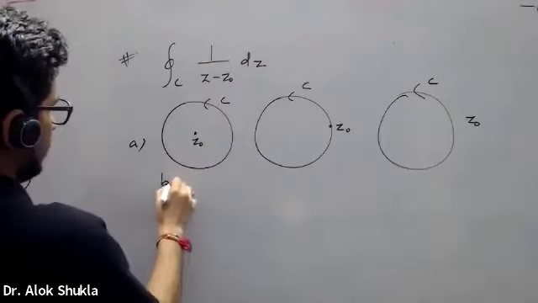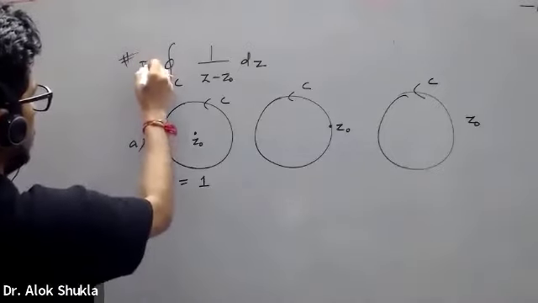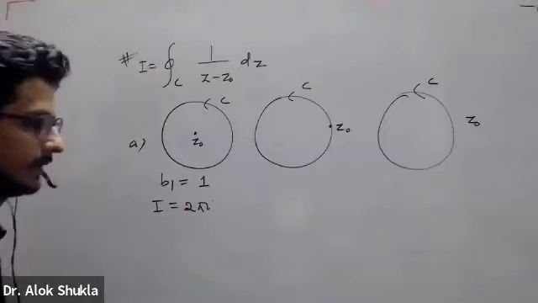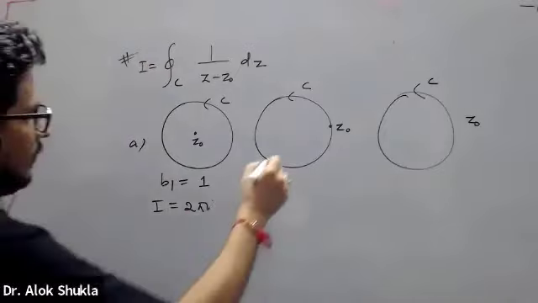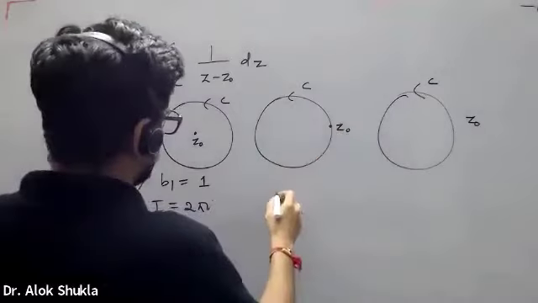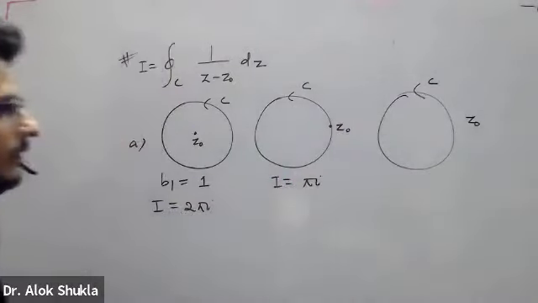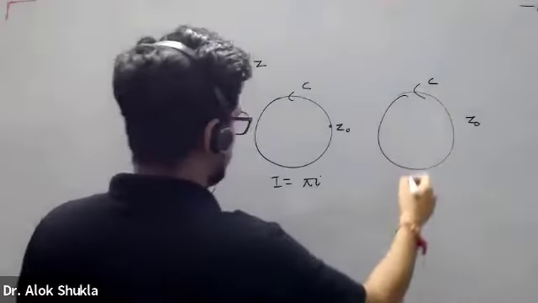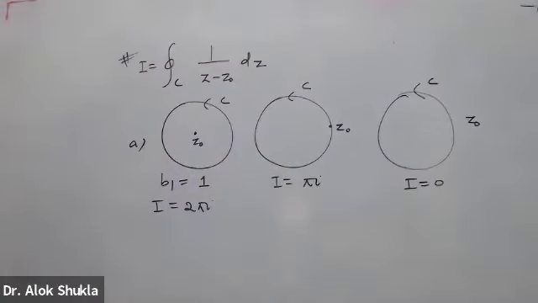So what is b1 in this case? 1, and the value of integration I is equal to 2 pi i. Please see this carefully. It is on the contour, so the value of I will be equal to pi i. I told you the contribution will be half, and it is outside, so the value of integration will be 0.